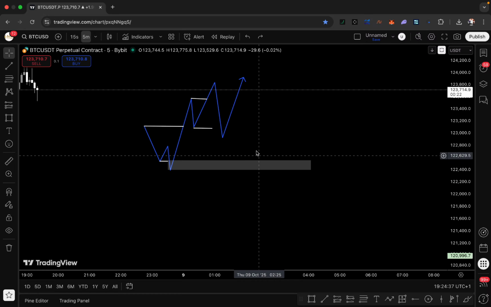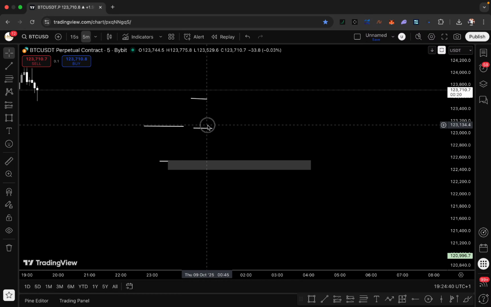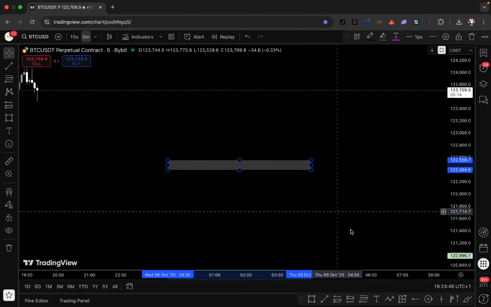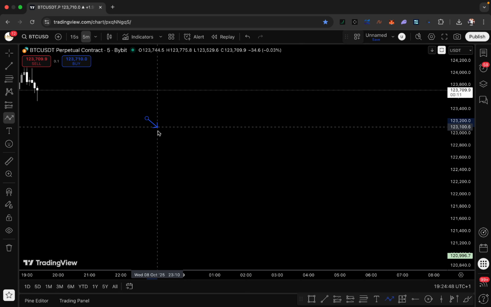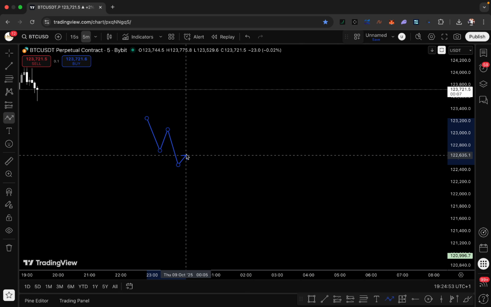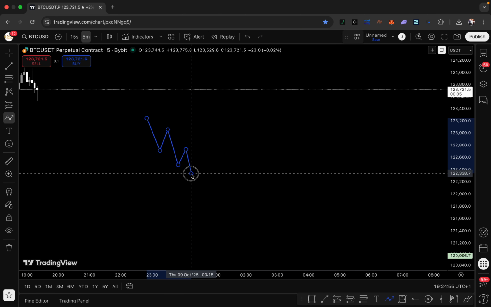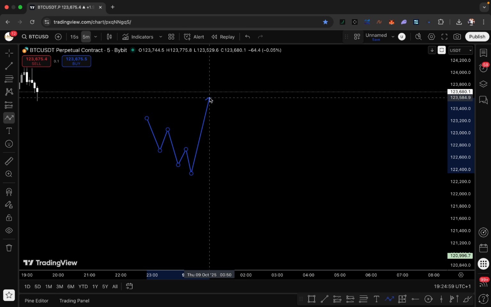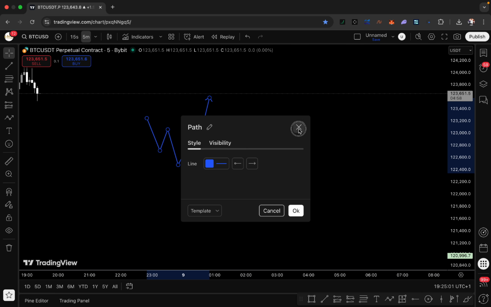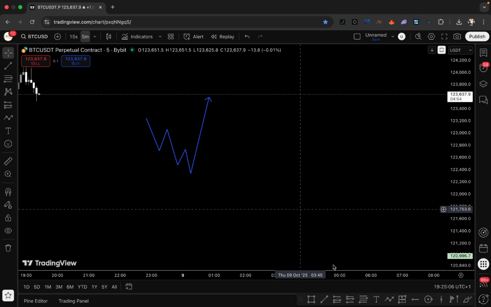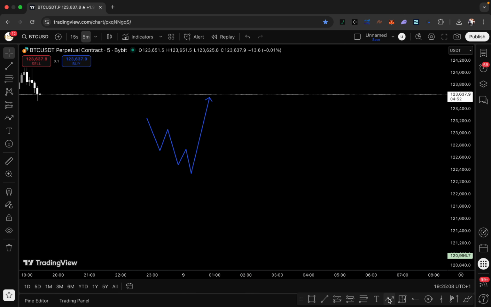But what happens when you have something like this? In a rangy market, it sweeps liquidity, breaks structure, and there is no liquidity movement.